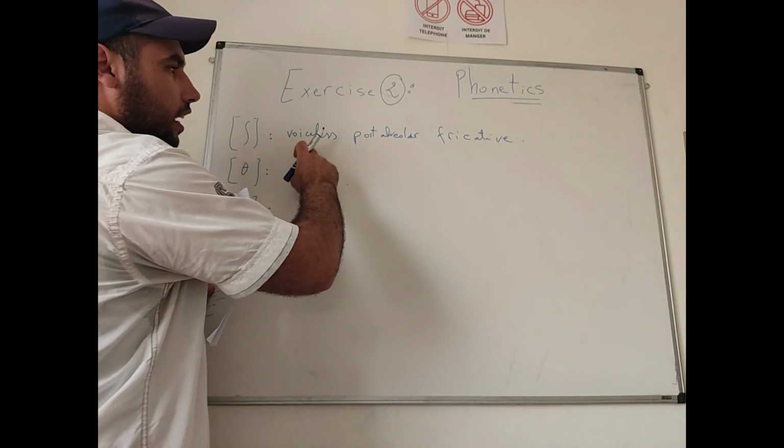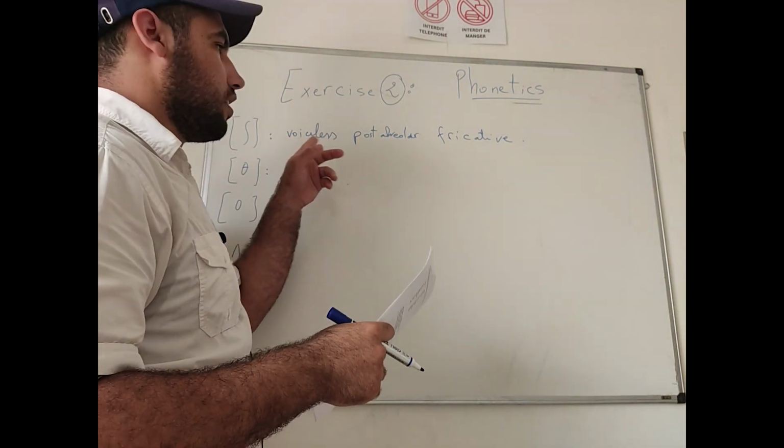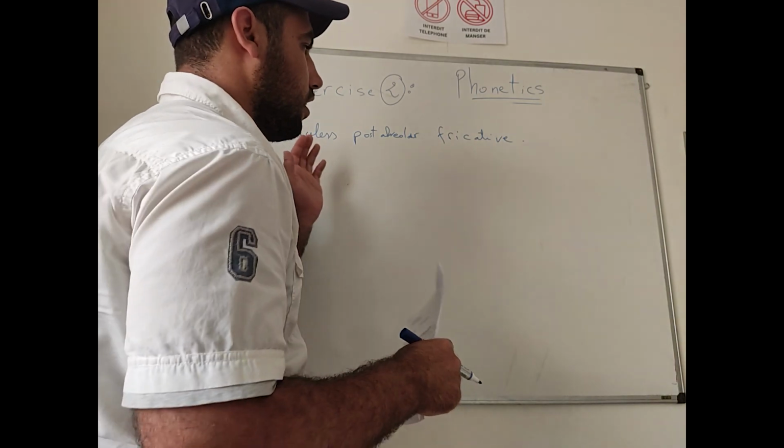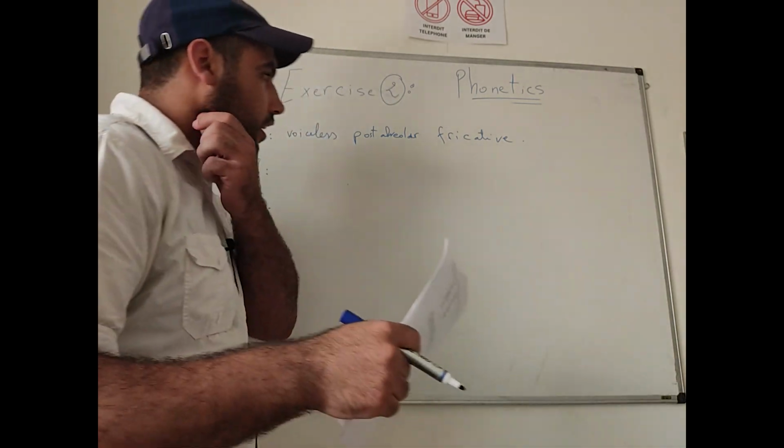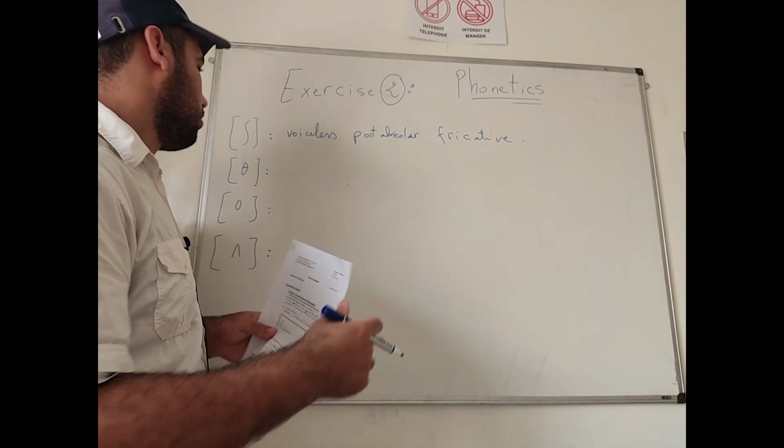So these are the 3 elements that we should focus on when defining any sound, whether consonants or vowels. The vowels also have their own characteristics, so we will discover them later.